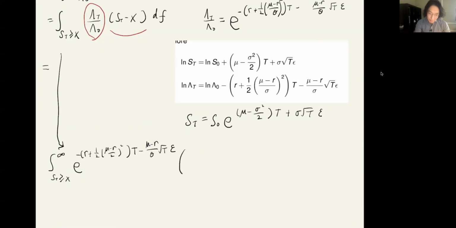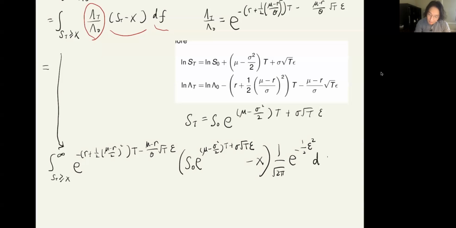That is going to be S0 e to the epsilon, and this is minus x. And then the last item, df, what is it? That is basically the density function for the normal random variable times the epsilon.